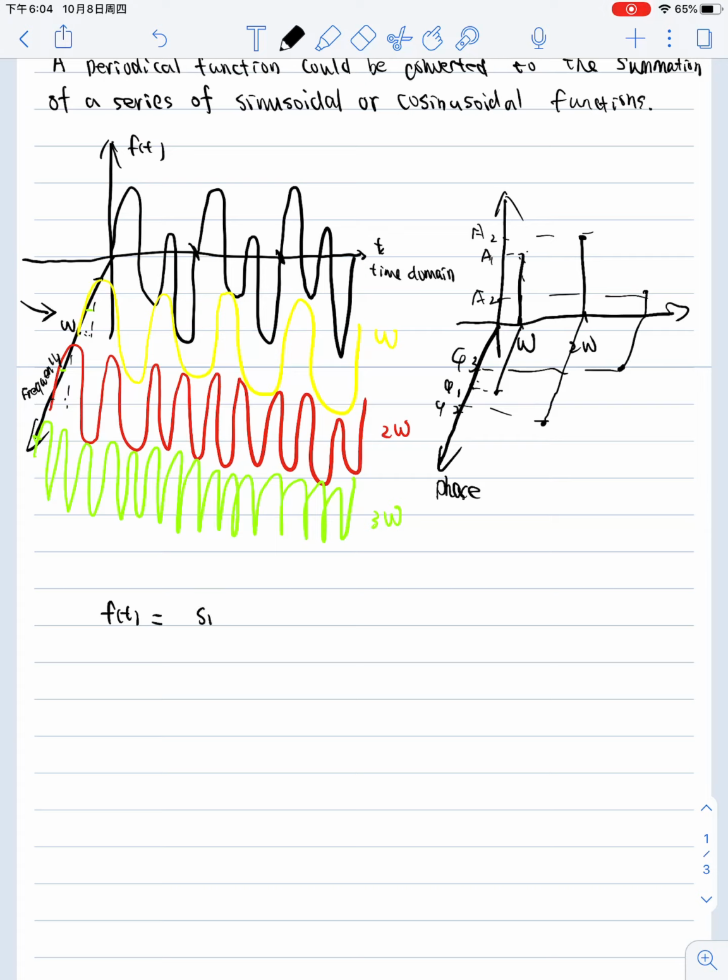For example, a1 sine(omega t plus phi 1), and second is a2 sine(2 omega t plus phi 2), and a3 sine(3 omega t plus phi 3).